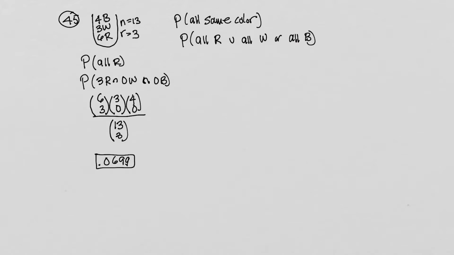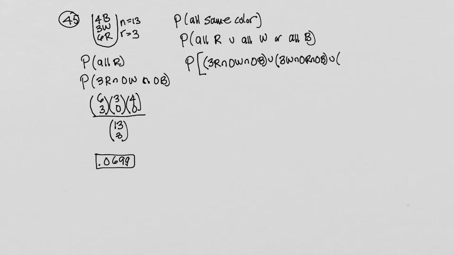So the ways I can get all reds, I'm going to use a square bracket here to bracket these off. To get all reds, I want 3 reds and 0 whites and 0 blues. Or, now I want all whites, so that would give me 3 whites and 0 reds and 0 blues.